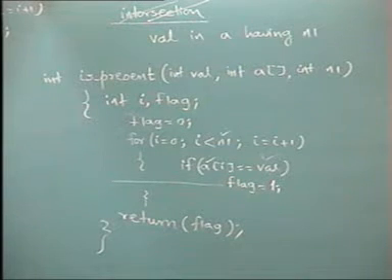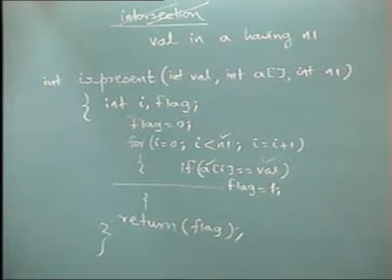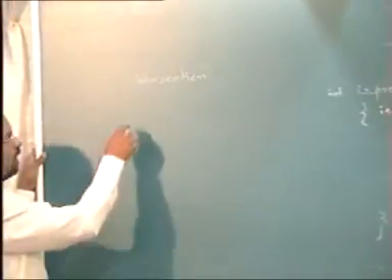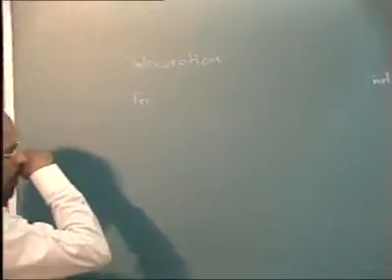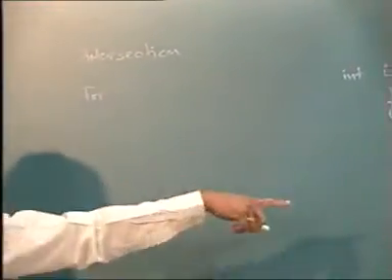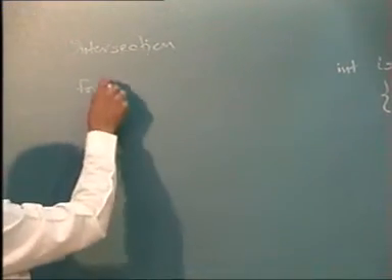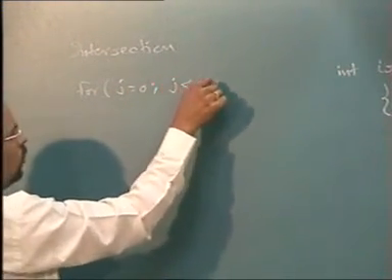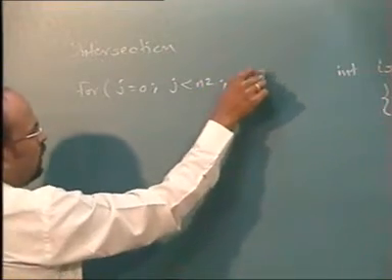I will simply say that for intersection now, I am checking in array A right now. So for j equal to 0, j less than n2, j equal to j plus 1.